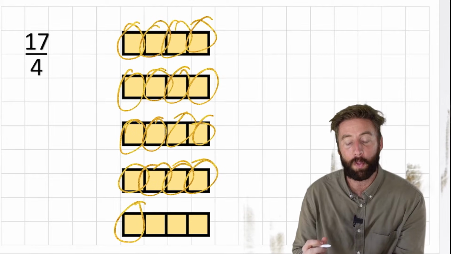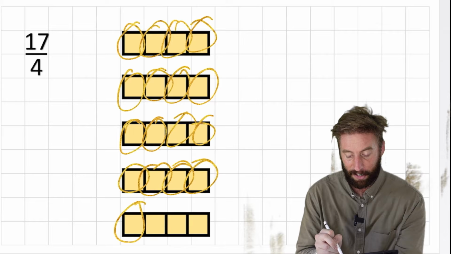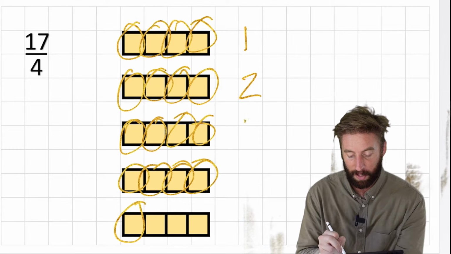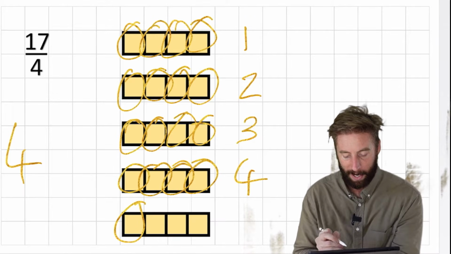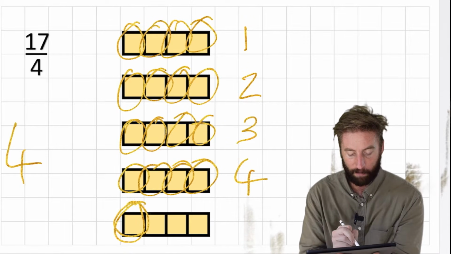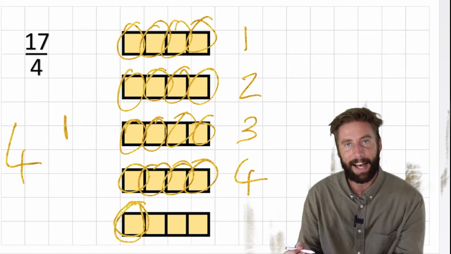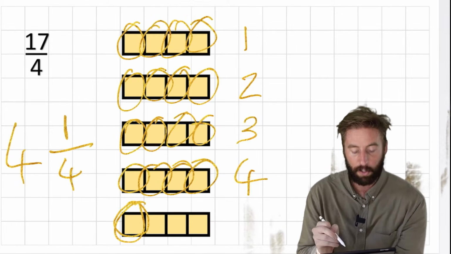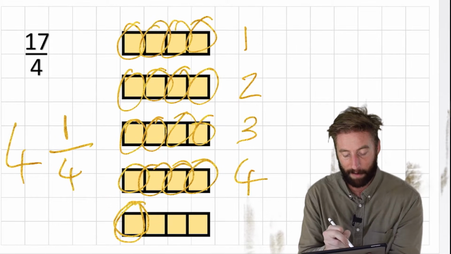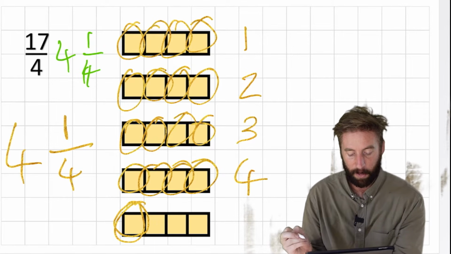So I could do this bar model and draw this out every time, and then I could work out that I actually have 1 whole, 2, 3, 4 whole, so that would be my whole number, 4, and I still have 1 left over here. So I have 1, and what value are we working in now? We're working in quarters, so I'd have 1 quarter left over. So 17 fourths is the same as saying 4 and 1 quarter.